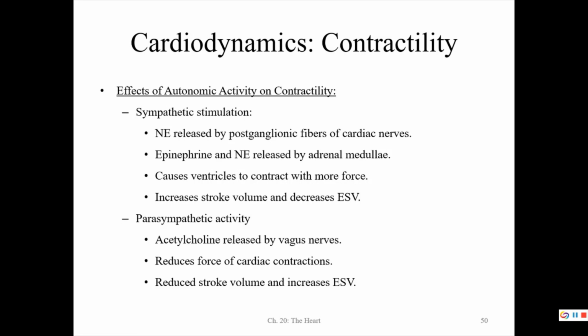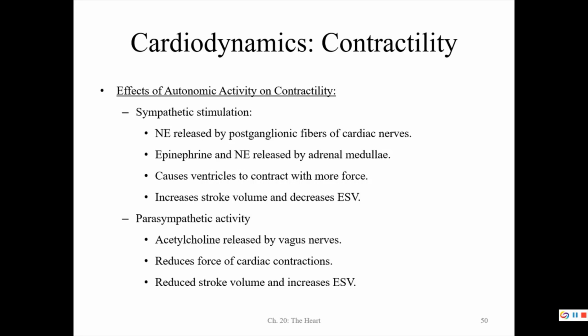Now, contractility, sympathetic stimulation. Norepinephrine, for example, comes from the cardiac nerves, and epinephrine and norepinephrine, both from the adrenal medulla, will cause the ventricular muscles to squeeze harder. It's going to use the cAMP signaling system in these cells to bring in more calcium through calcium channels, which will cause a greater amount of contractility by increasing the active site exposures and things like that.